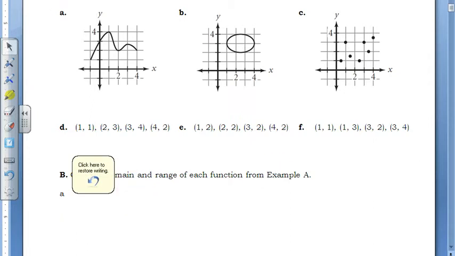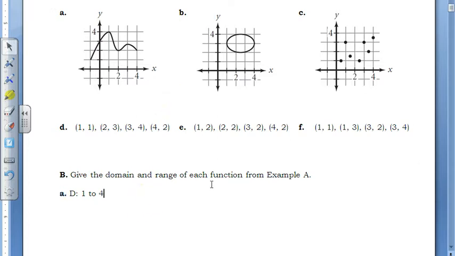So for graph A, the domain of that function is -1 to +4, because the lowest that the graph goes is -1 and the highest it goes is +4. There are different ways to write domain.